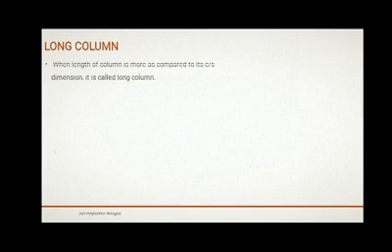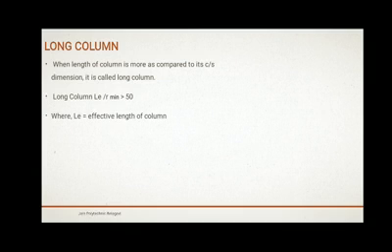Long column. When the length of the column is more as compared to its cross-sectional dimension, it is called a long column. That is, for a long column, LE divided by r minimum is greater than 50. LE is the effective length and r is the radius of gyration.